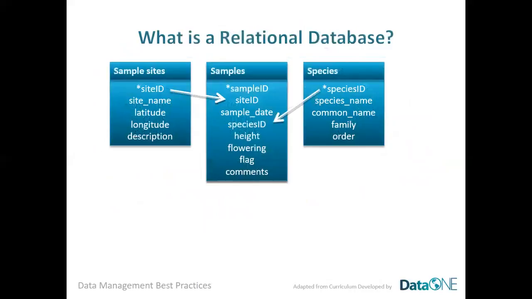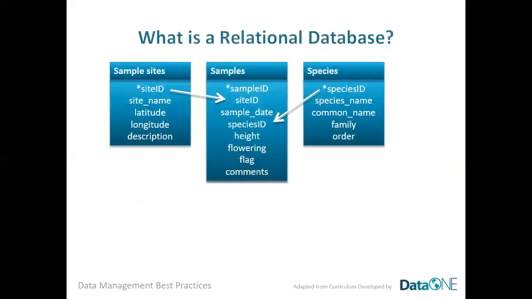So I'm just going to go into a little bit about what relational databases are and how they're used. They are a series of tables containing information that are related to one another by a common ID or a common piece of data. So you see here we have three tables.